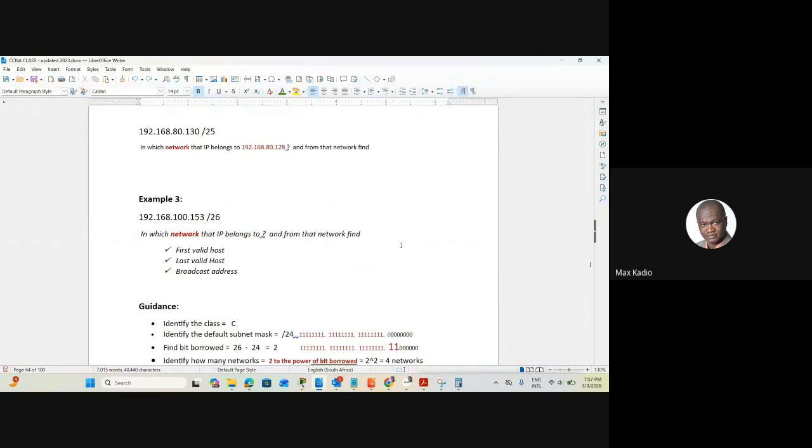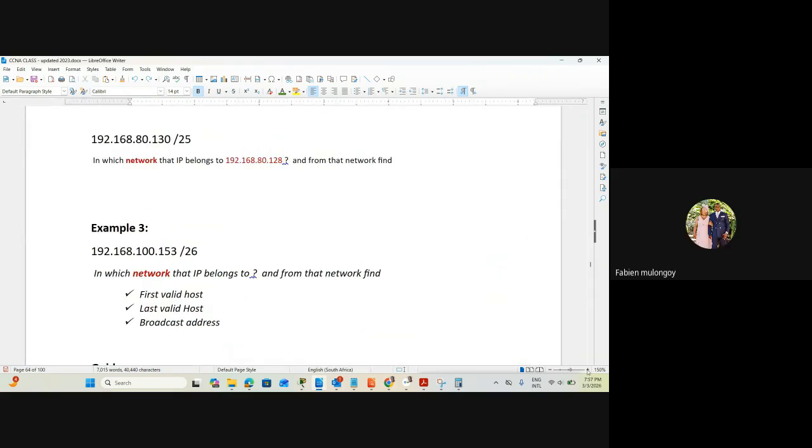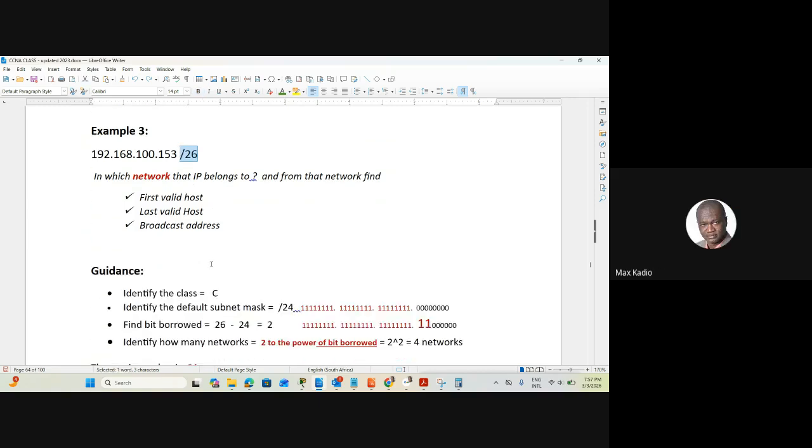So for Mr. Fabien, this is an example of slash 26. For your example, slash 26. Always, you go to the guidance, identify the class. This one is C, it falls in class C. You put it here.